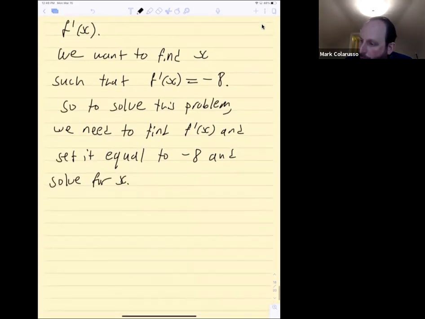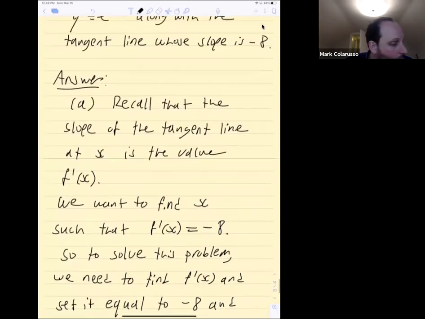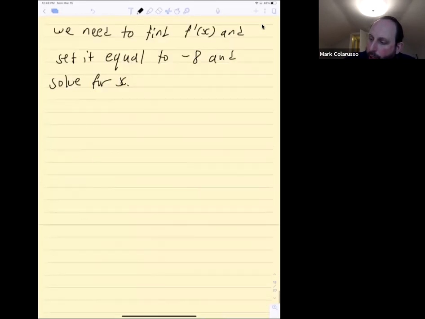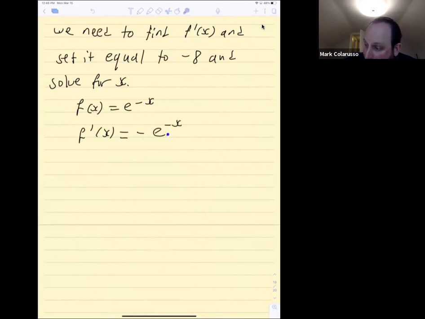Okay, so now where did the function go? It's really easy. This is the same thing we were looking at before. f at x was equal to e to the minus x, and just like above, the derivative by the chain rule is minus e to the minus x. This is the derivative of the inner, and this is the derivative of the outer at inner.